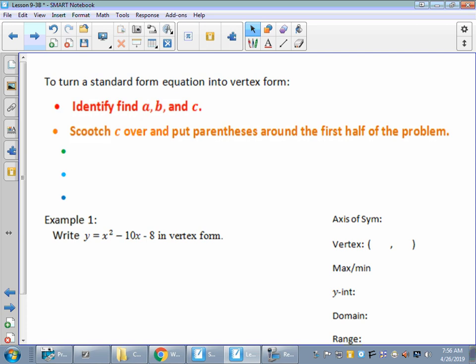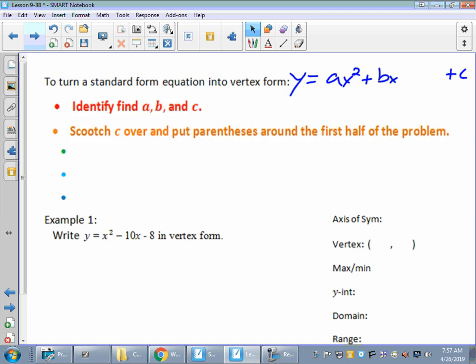So let me just show you that in terms of standard form. Standard form here is y equals ax squared plus bx plus c, okay? So what I'm going to do now is take this c part and scoot it over and leave some space here, because I'm going to have to put something in that spot, okay?